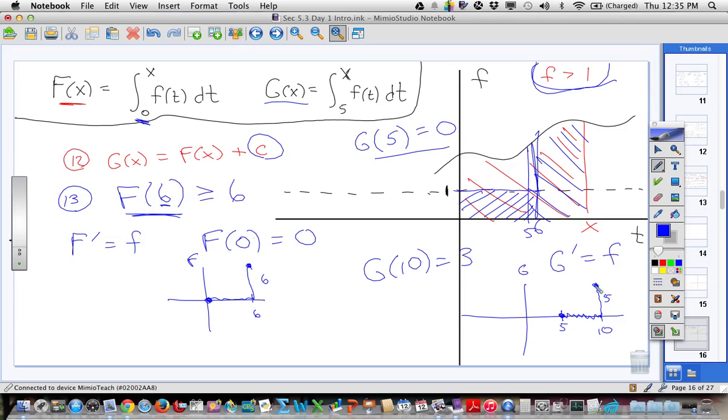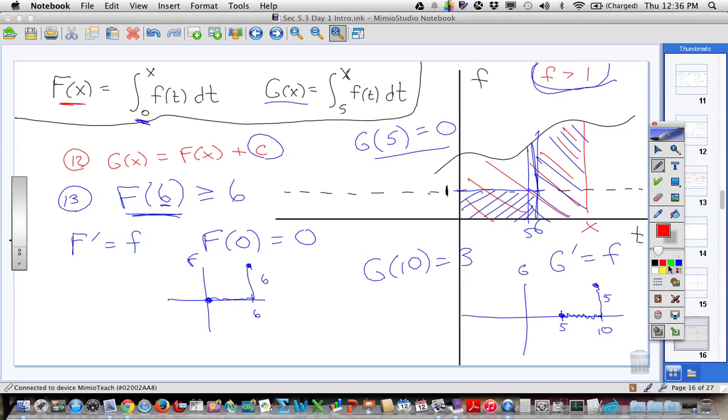So could g of 10 be 3? No way. It cannot be 3. It's got to go up more than that. If you go over 5, we know g of 5 is 0, so over 5, you've got to go up 5. So g of 10 has to be greater than or equal to 5. It cannot be 3.